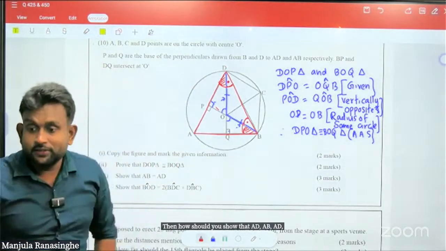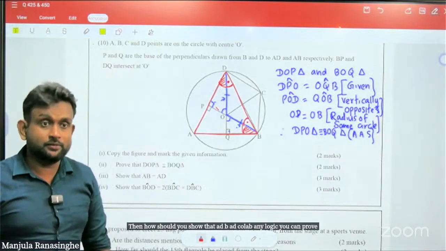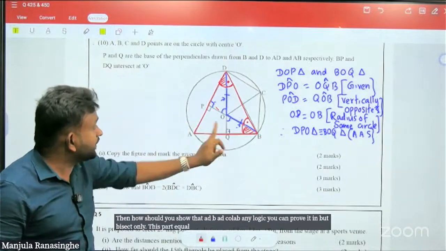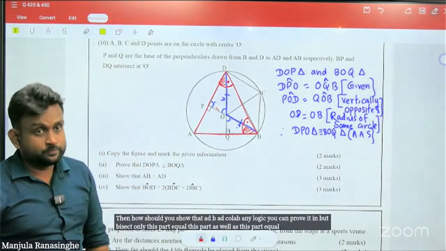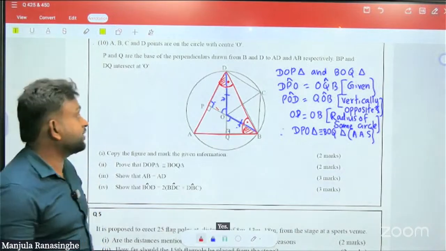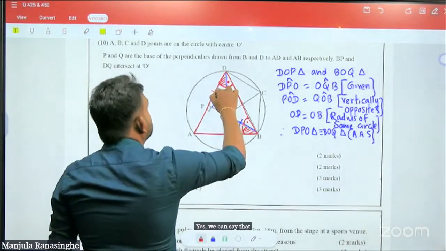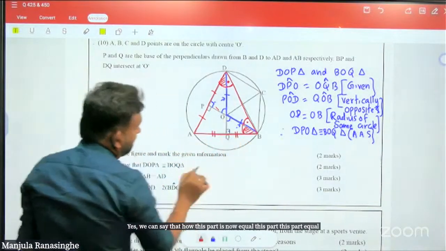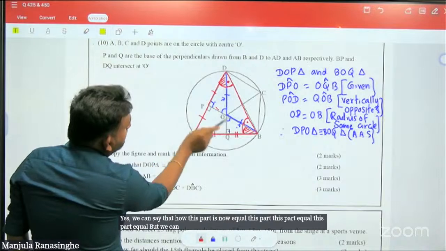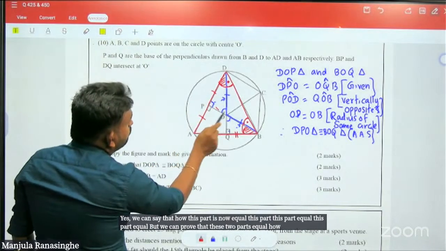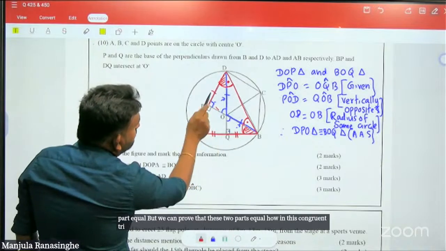Any logic? You can prove it, but with bisecting only, this part equals this part, as well as this part equals this part. But we can prove that these two parts are equal. How? In this congruent triangle, these are corresponding.